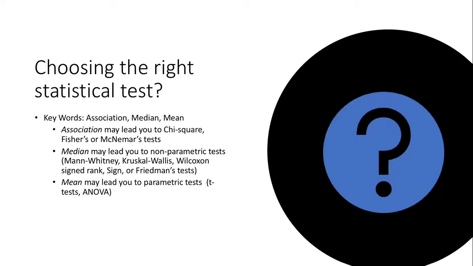If investigators are reporting median values, and this is typically used when you have non-normal distributions, this may lead you to non-parametric tests, such as a Mann-Whitney U, a Kruskal-Wallis, a Wilcoxon signed rank test, or a Friedman's test. And if investigators are reporting mean differences in some sort of outcome, that leads you to what we call parametric tests, such as t-tests or ANOVA, or analysis of variance.